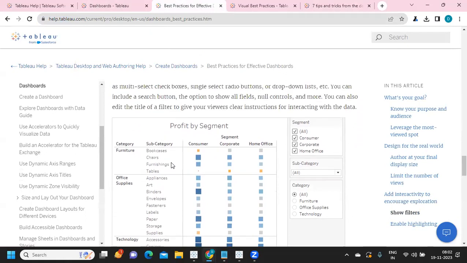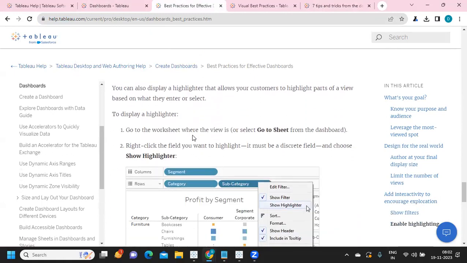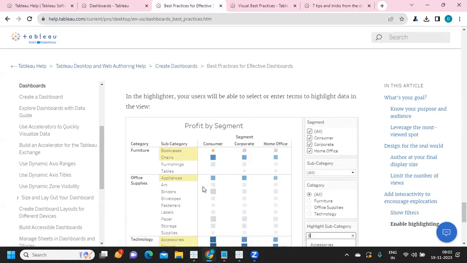If you see, profit by segment, and he's trying to enable highlighting here, and when he does that, whatever the user highlights is automatically highlighted here. That shows the importance of data highlighting, or how the data is getting observed, so he doesn't have to strain his eyes looking into that.